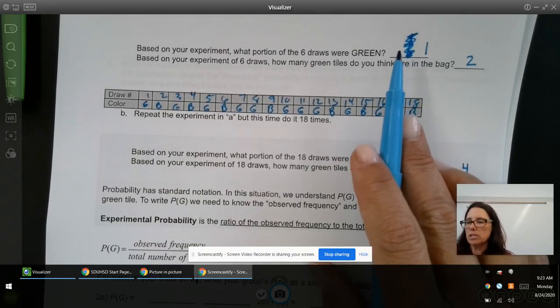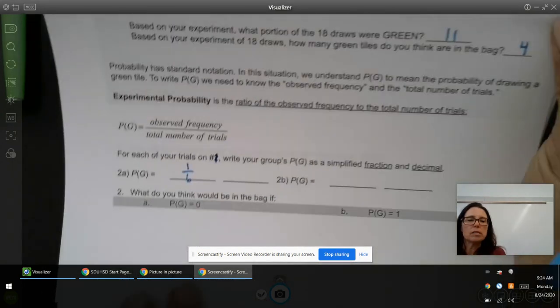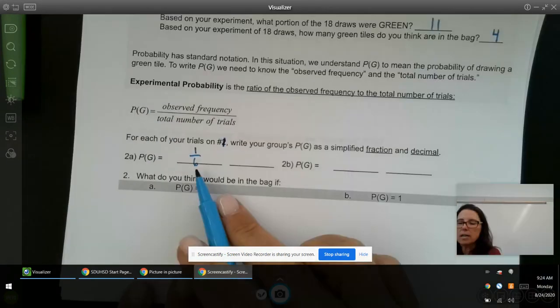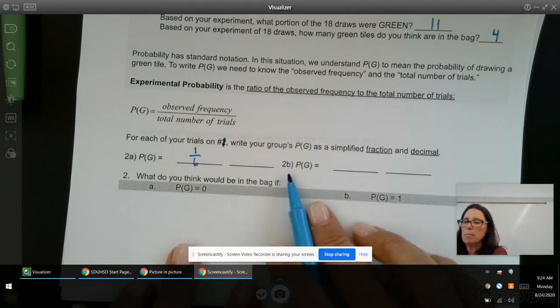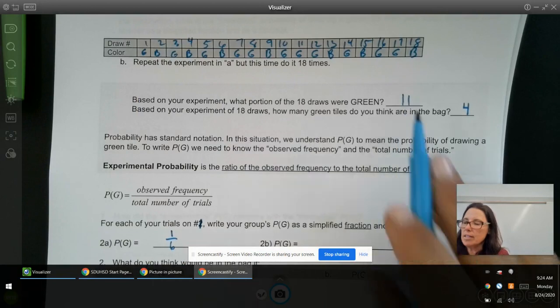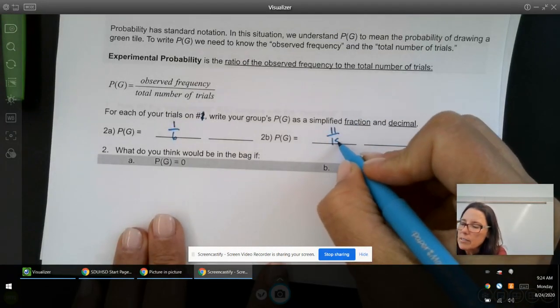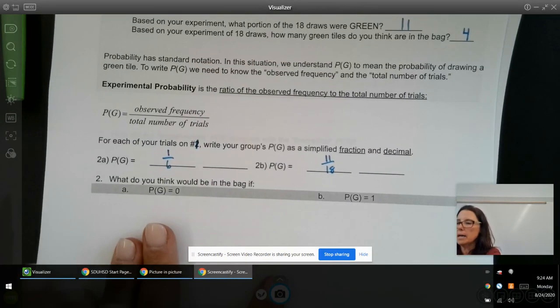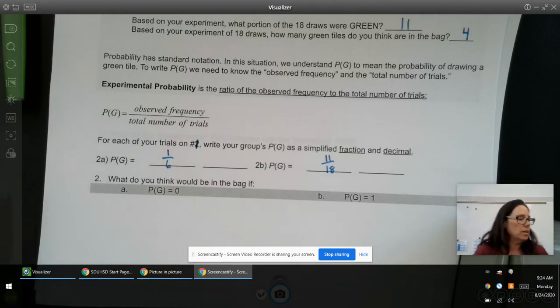My probability of green up here, and this is what I started to do, 1/6, and I realized I wasn't quite there yet. I had 1 green out of 6. On my second experiment here, I had 11 greens out of 18. Let me grab my calculator. I just have my phone here that's handy.